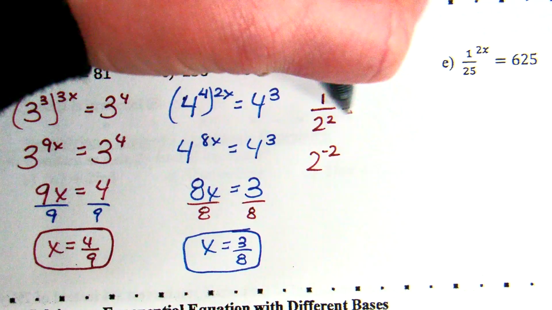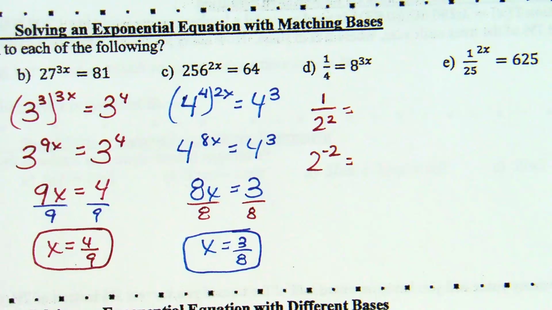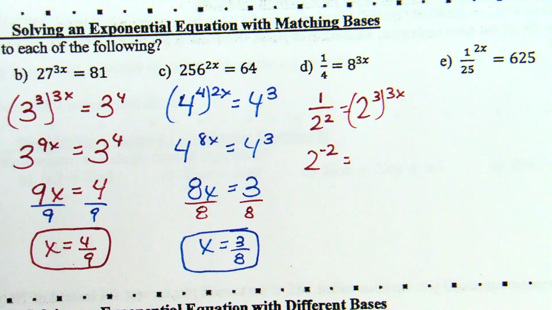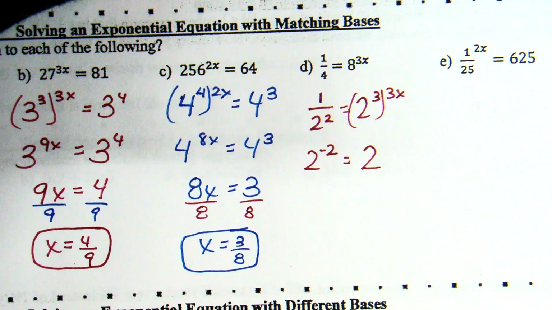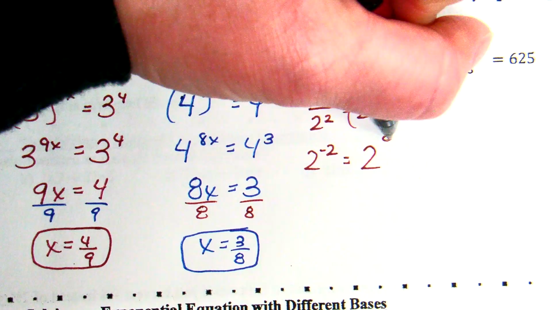Okay? So you're still looking for that same base. The difference is when you take it out of the denominator, it's a negative exponent. Okay? Backtracking for a moment. What do we know about 8? It's 2 to the 3rd raised to the 3x. 2 to the 3rd raised to the 3x becomes 2 to the 9x.